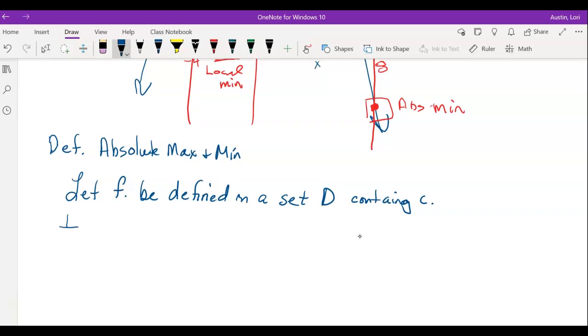So if f of C is greater than f of x for every x in D, then f of C, because remember, when you put the f of C, that means the y value, f of C is the absolute maximum.